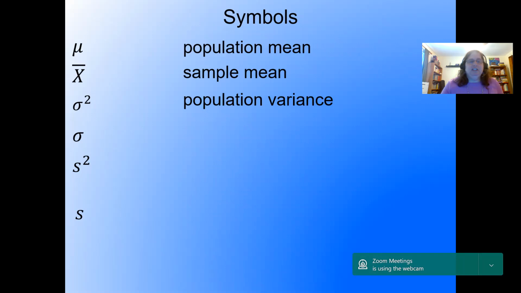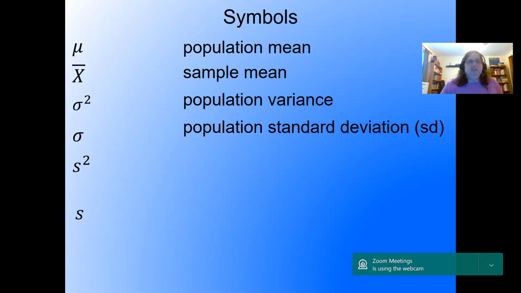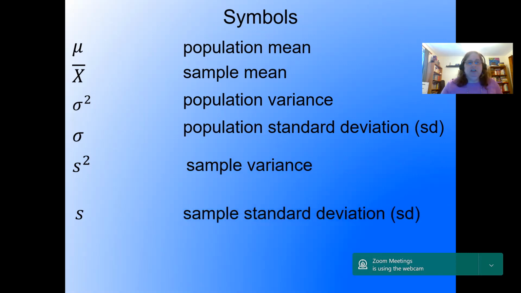Population variance. And if sigma squared is population variance, then sigma must mean population standard deviation. Going to the other side, S squared is your sample variance, and S is your sample standard deviation.